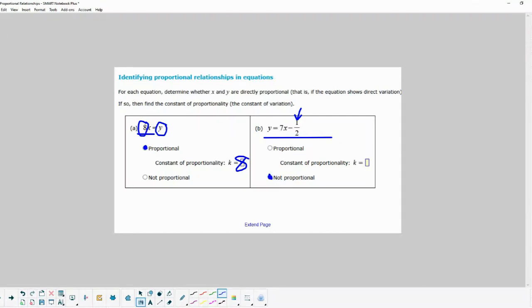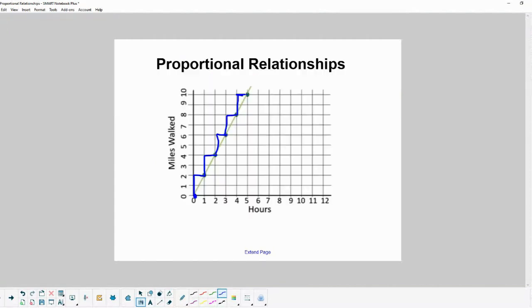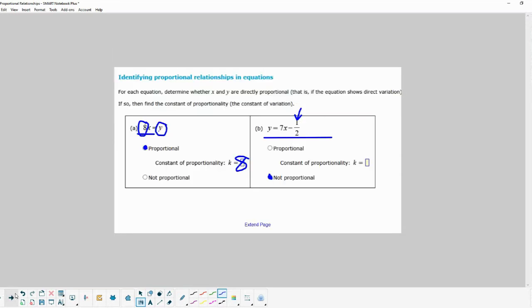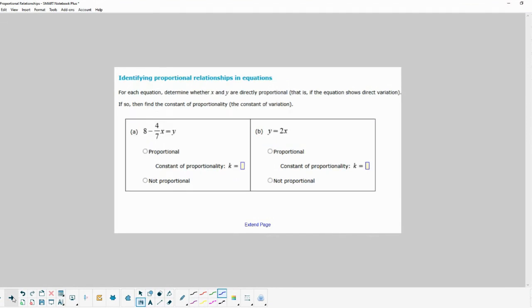Remember when we looked a little while ago at the graph? A graph has to start at 0, 0, whereas this one would start at negative 1/2, so it doesn't follow the definition of proportionality. Okay, let's try another one.